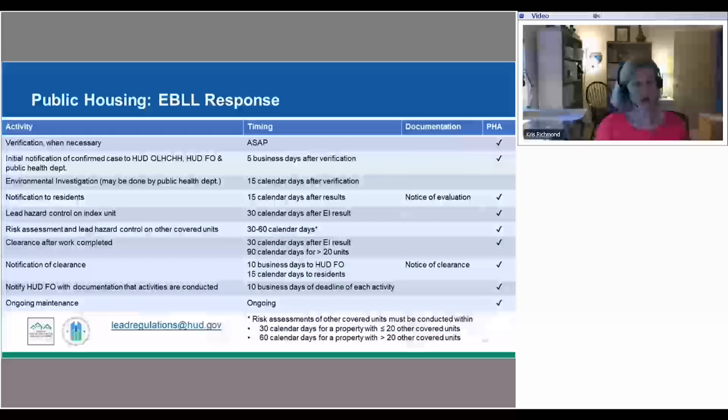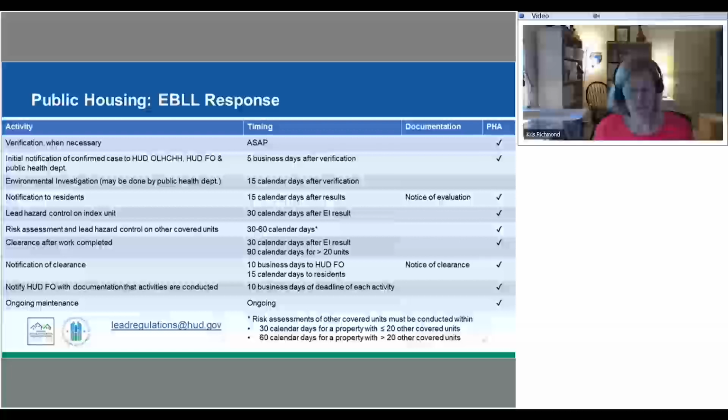It might be the mom calling the front office saying, I just took my kid to the doctor and they told me that my child has an elevated blood level. They tested them and they have an elevated level. So first the PHA needs to verify.